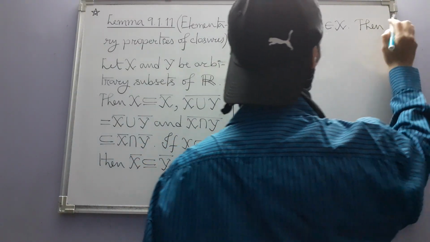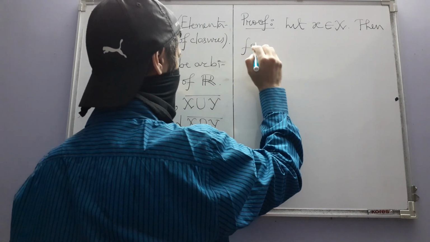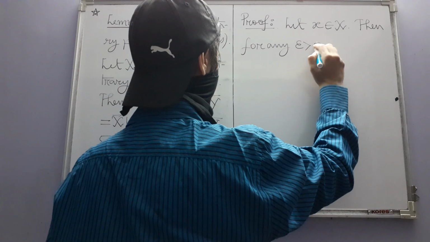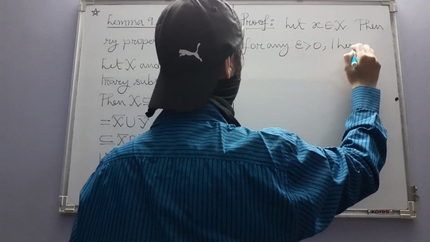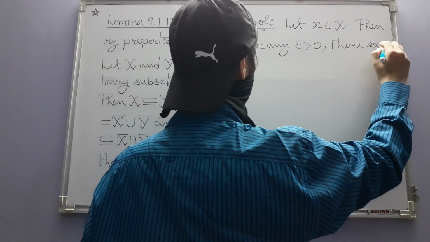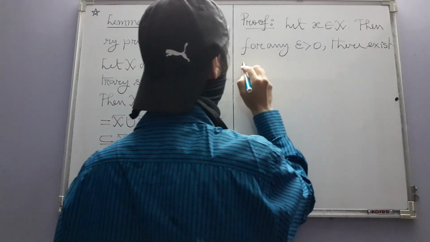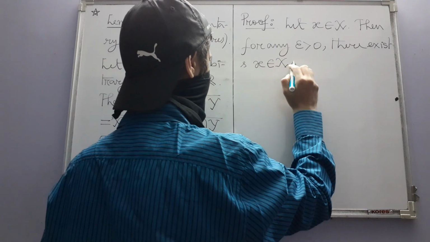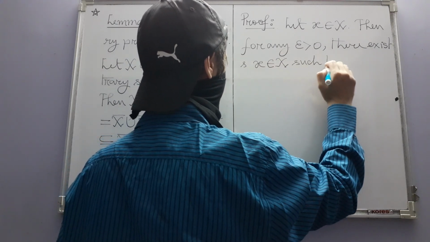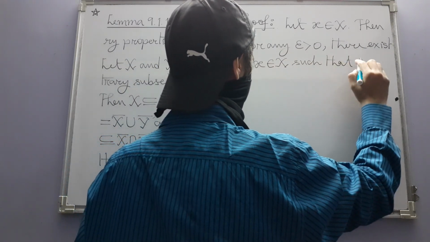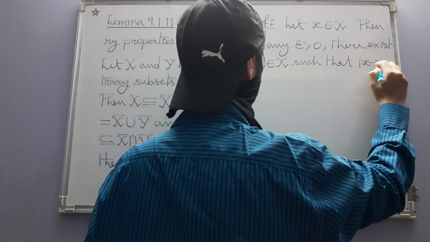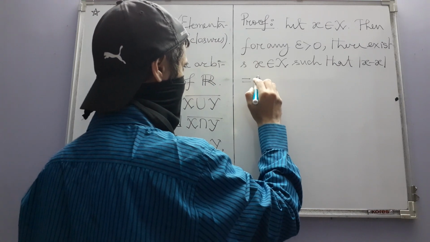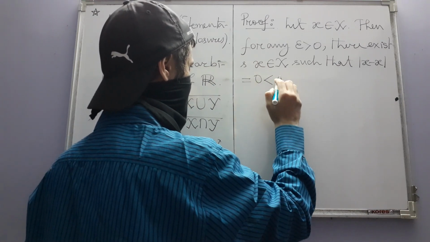Then for any positive real number epsilon, there exists x in x such that x is epsilon close to x because the distance of x from itself is 0.